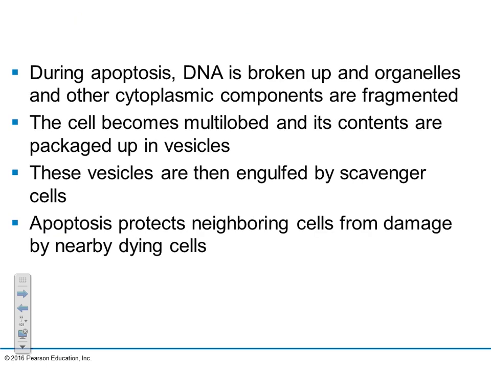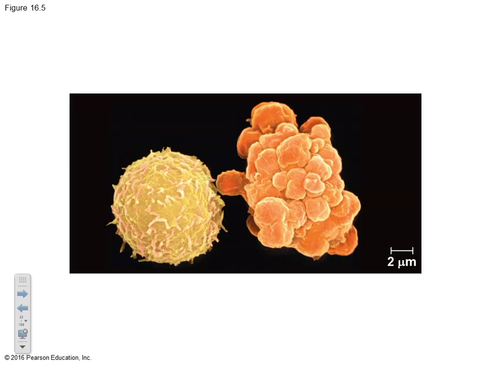That's not a bad thing. In fact, the lack of it is a bad thing. So the cell sort of is on self-destruct mode. It packages up its parts into sort of blobs, and then those blobs are going to get eaten up. Because if they just fell apart, all of their chemical contents, especially ones that can digest things, could break down these cells around them.